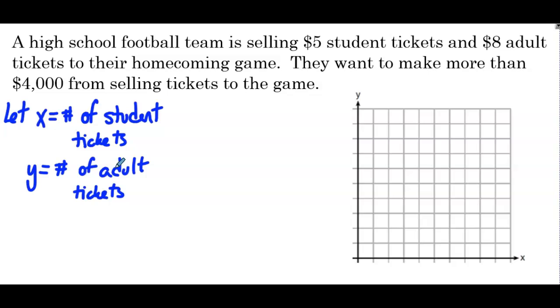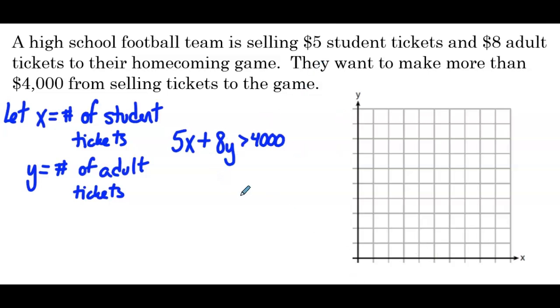So to figure out how much they make, we would multiply each student ticket by $5, so 5x. Each adult ticket is going to be multiplied by $8. And the football team wants to make more than $4,000, so greater than 4,000.